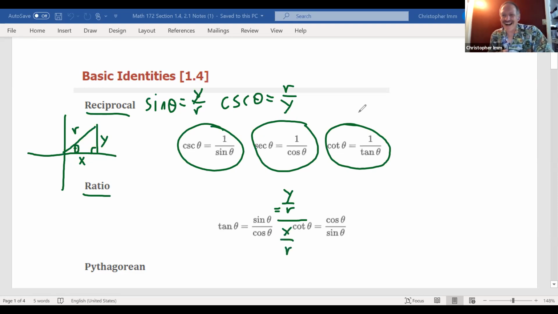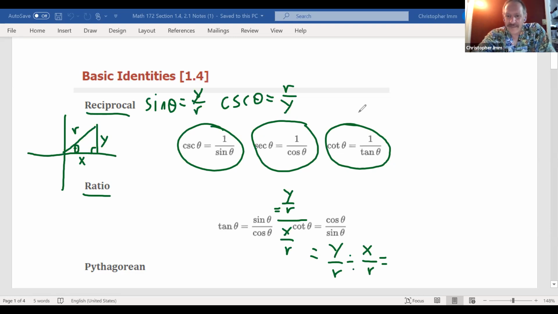If I'm dividing a fraction by another fraction, it's been a while since algebra, but algebra says I can multiply by the reciprocal of the second one. And that's how we can cancel these things out.